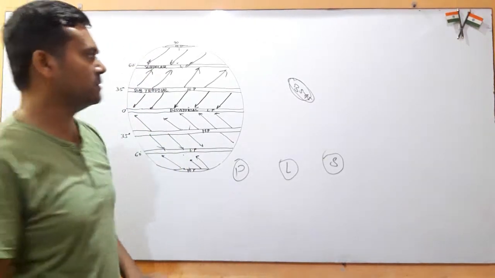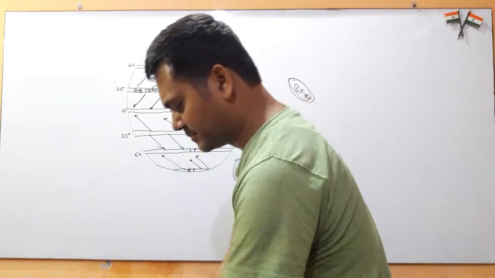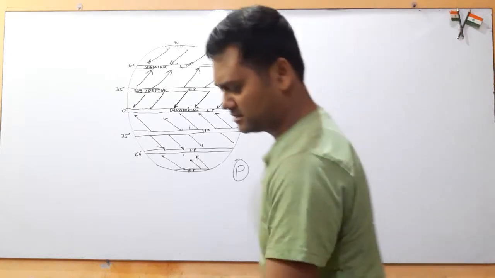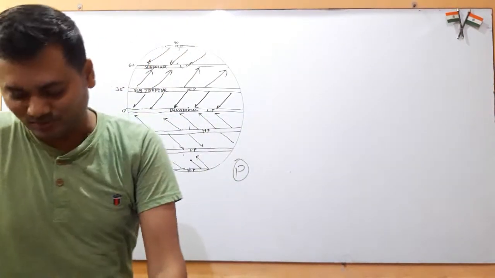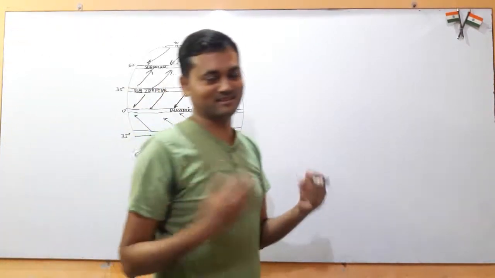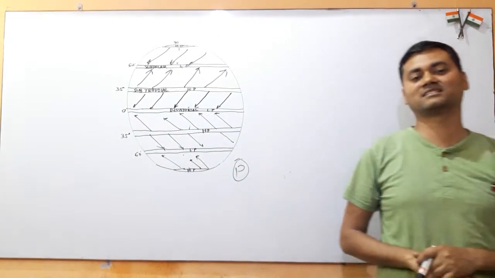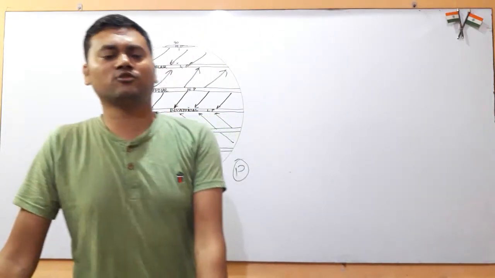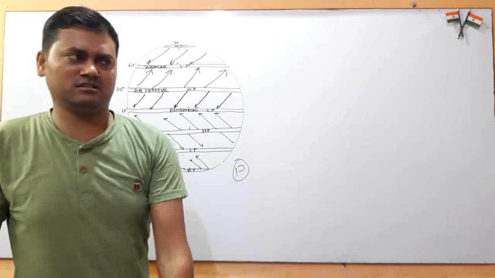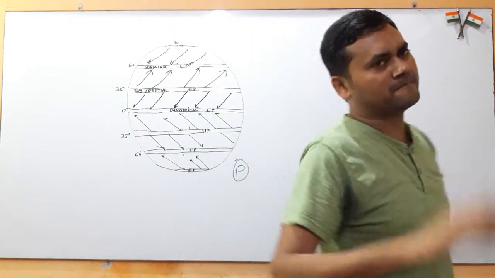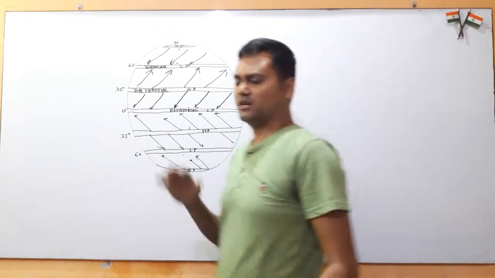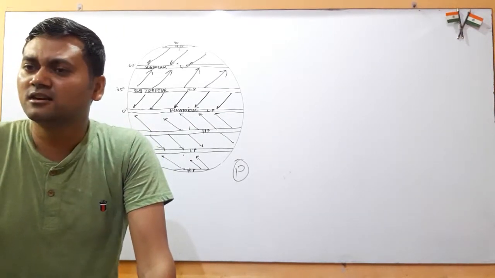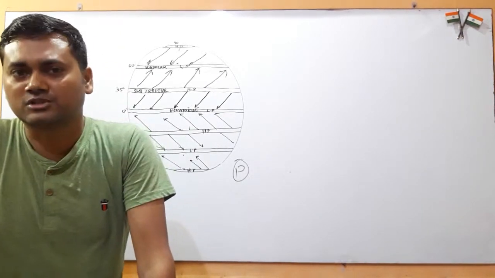So what actually happens in the case of the land-sea breeze? It can only occur where the sea is present, because this breeze is related to the sea. So what happens in the coastal region? As you know, the temperature of the land becomes hotter or cooler faster than the ocean.